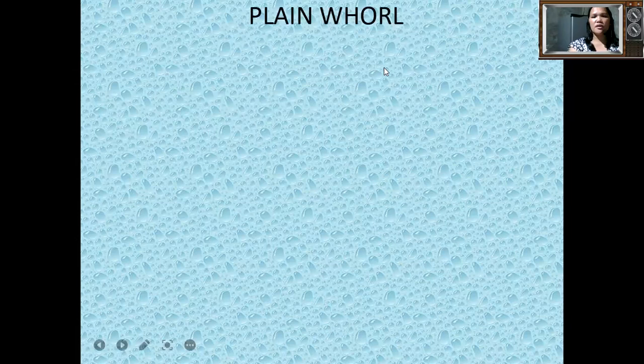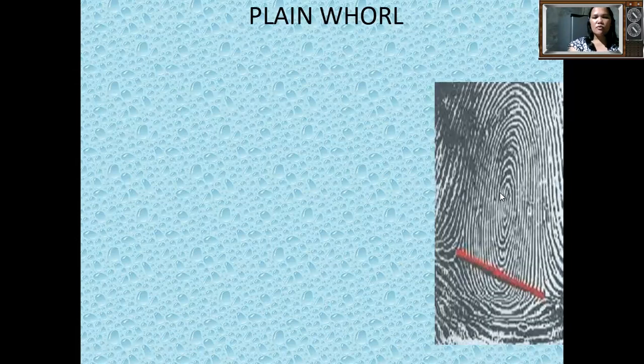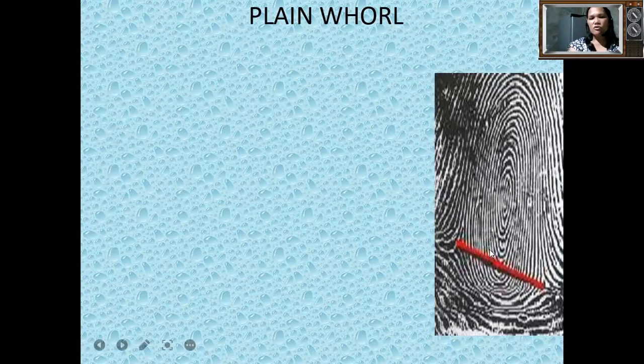How does a plain whorl look like? With this particular image, you can see now the complete circuit. It is in circular formation. What is the red mark that was indicated here? This red mark is an imaginary line that was used to connect the left delta and the right delta.